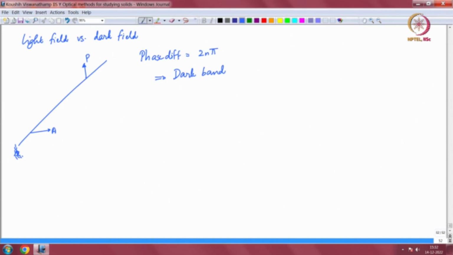So, difference is integer number of 2 pi. So, usually people define something called the fringe order, again you will see this term used quite often, it is defined as delta by 2 pi. Okay, so, in the dark field, so this is the dark field image, you will always pick up integer fringe orders.